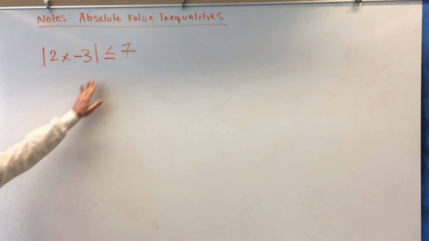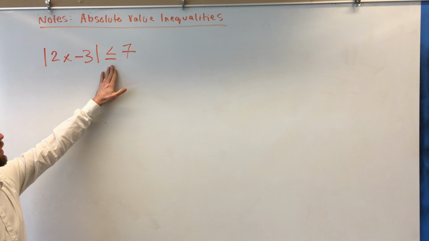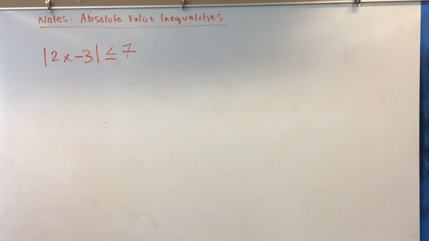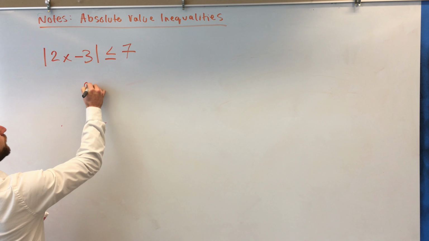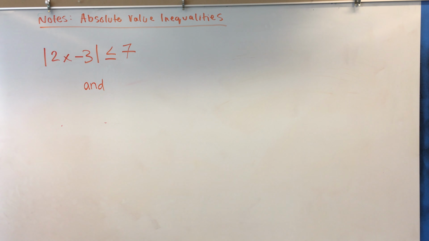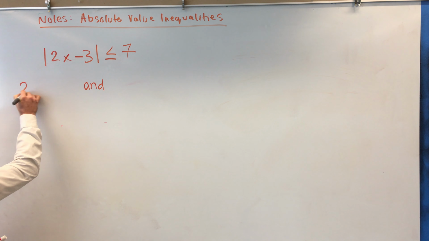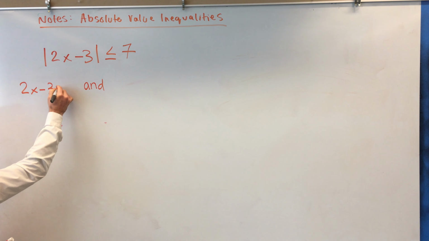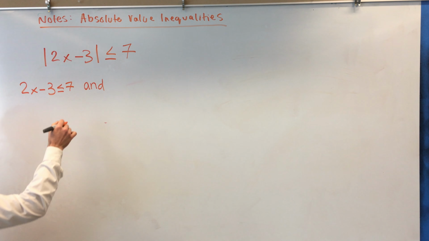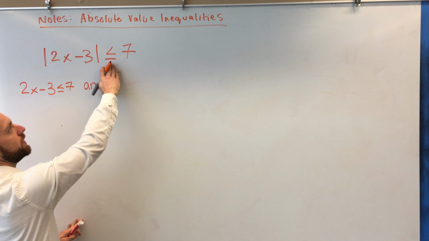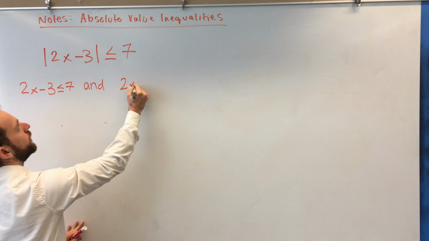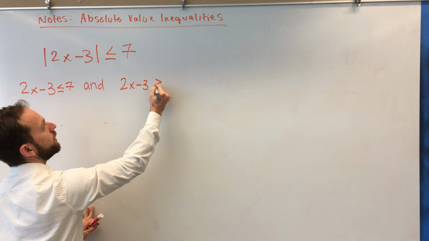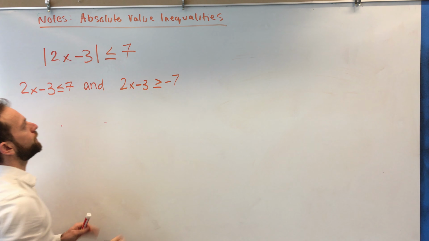Since we have a less than or equal to sign, you're going to have an and inequality, and we're solving two different things. We're solving 2x minus 3 is less than or equal to 7, and the inverse of this one, where the sign is flipped and the 7 is made negative: 2x minus 3 is greater than or equal to negative 7.